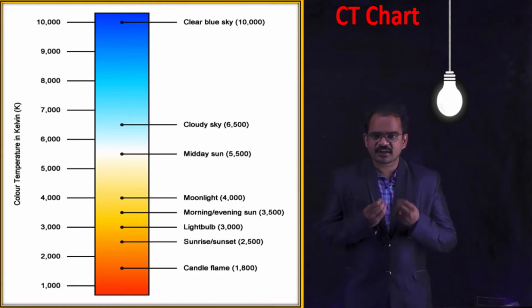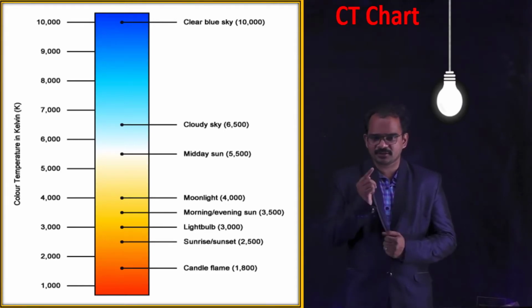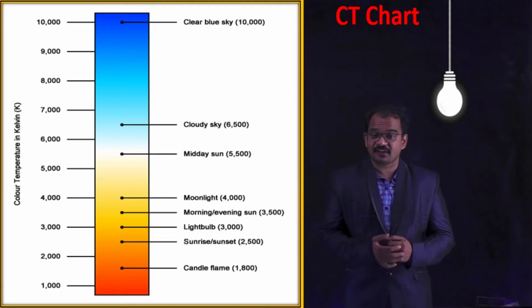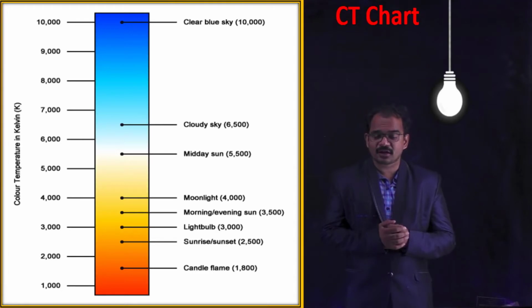So for every color in the universe, there is one particular number, and that number is called the color temperature. As you can clearly see in the picture here, the clear blue sky has a color temperature of 10,000 Kelvin. So 10,000 Kelvin corresponds to the color on top of this chart.